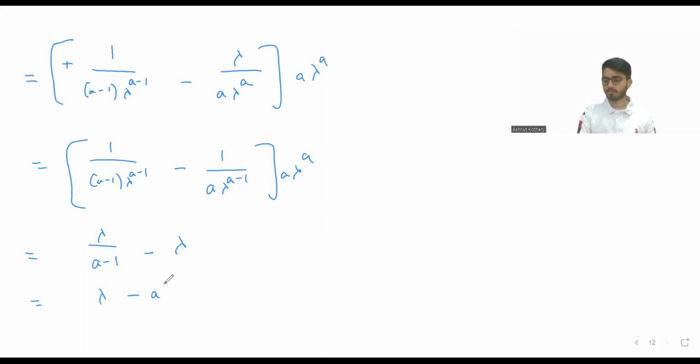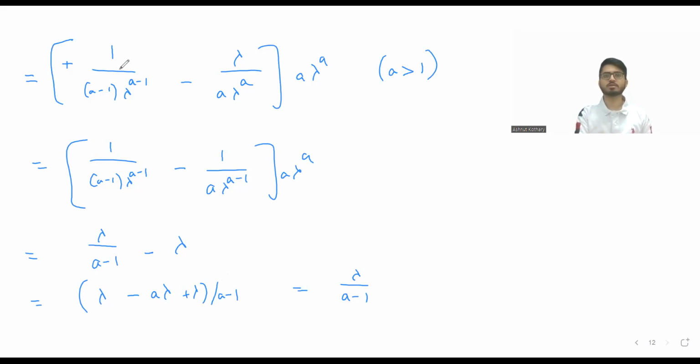This becomes lambda minus alpha lambda plus lambda, whole divided by alpha minus 1, which simplifies to nothing but lambda by alpha minus 1. And the condition comes right from here only. If alpha is greater than 1, then only the terms are coming out to be 0. So here, in case of Pareto, the mean exists only if alpha is greater than 1.